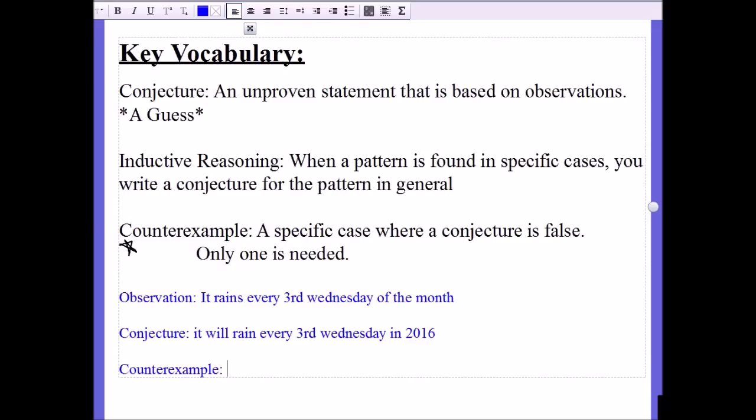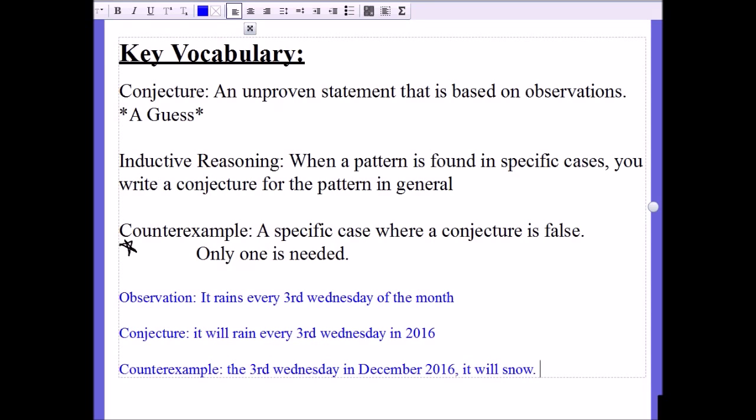So a counterexample would be the 3rd Wednesday in December 2016, it was snowing. Or it will snow. So here's a counterexample.